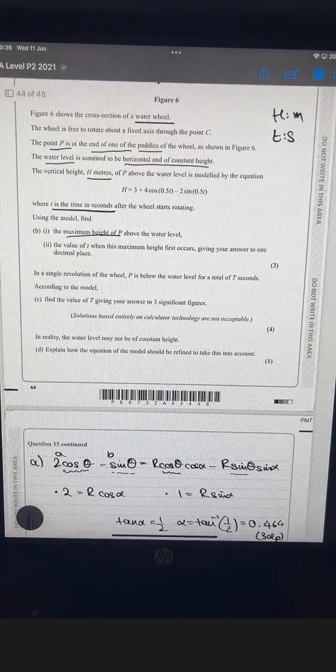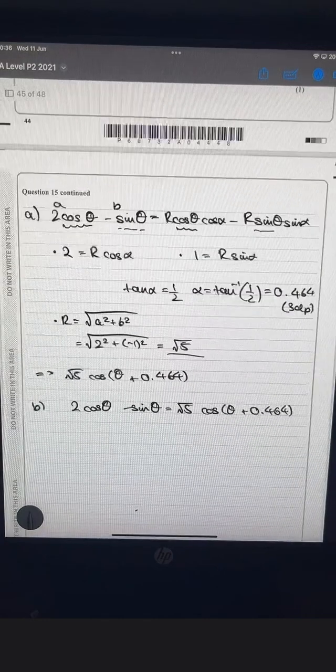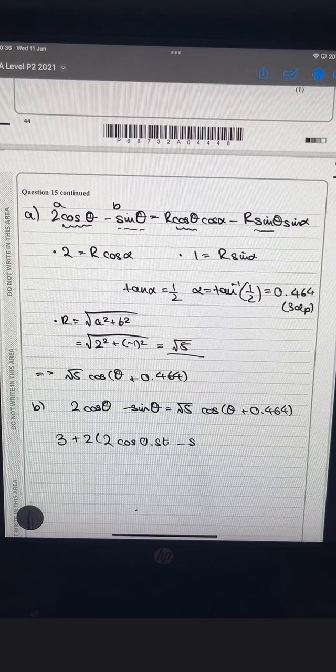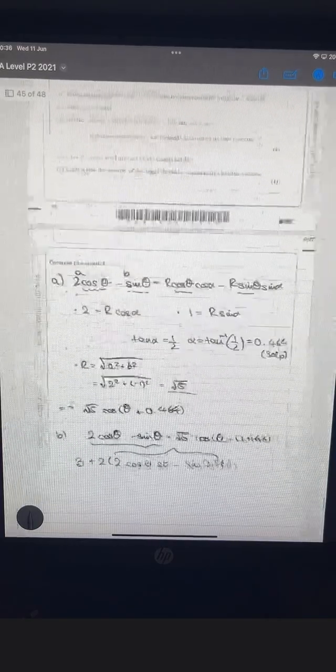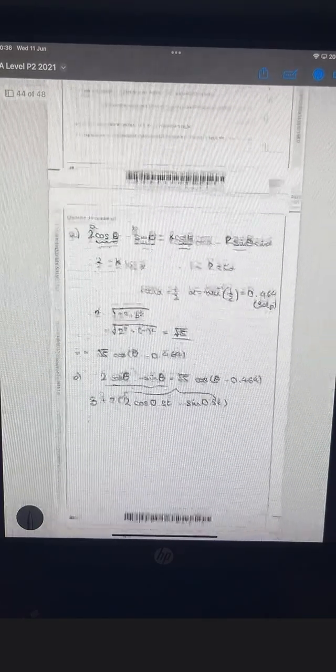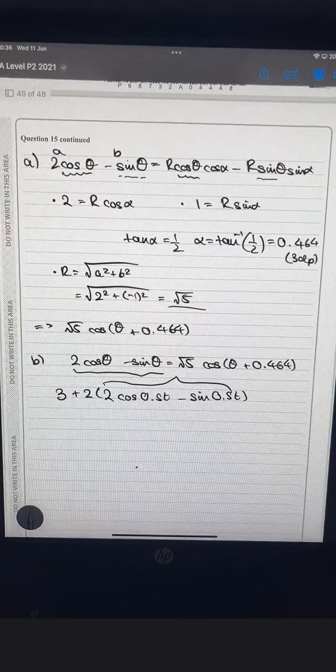So how am I going to get from that to this? Well, that's 3 plus 2 lots of 2 cos 0.5t minus sine of 0.5t. That's how I put this equation into this. All right. So I've just split up that 4 and that 2, factorized out the 2, and put it there. Okay. So now I can just replace this obnoxious looking thing with this simple thing up here and solve it with one trig function.